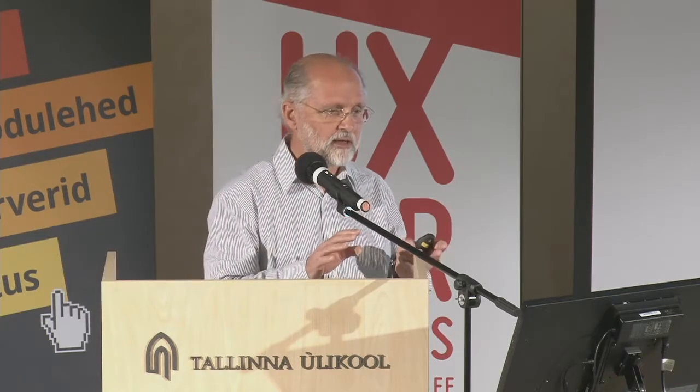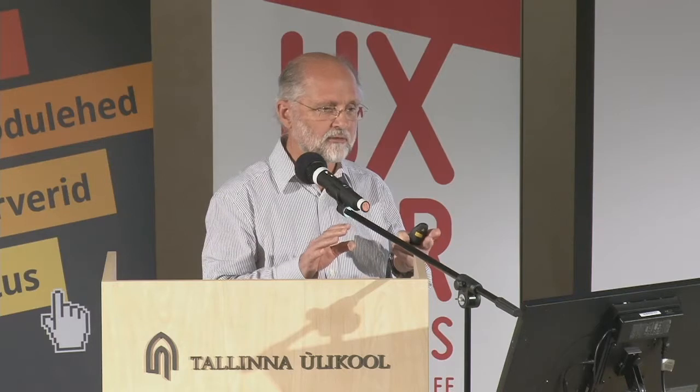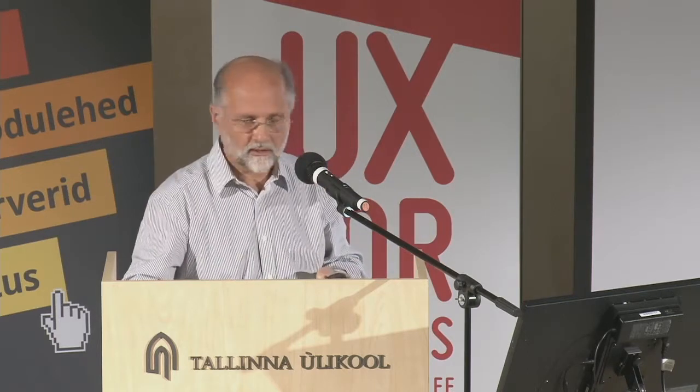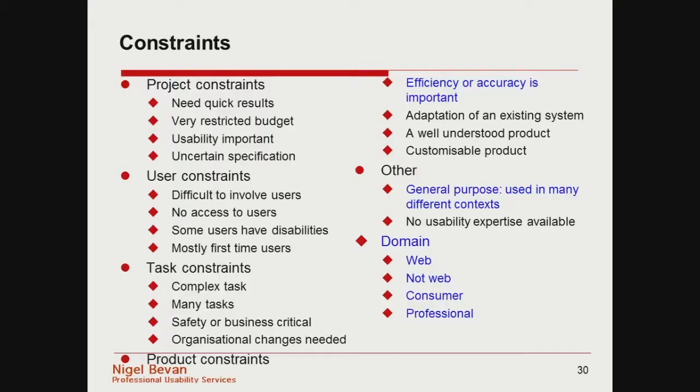So having identified the area I need to focus my attention on, you then identify the constraints you're under. Now this list of constraints was extracted from yet another ISO standard, with a few extra constraints added in blue. And indeed, this list is probably not complete. There may be other constraints which are relevant in your situation, which are peculiar to you, which would influence how you select methods.